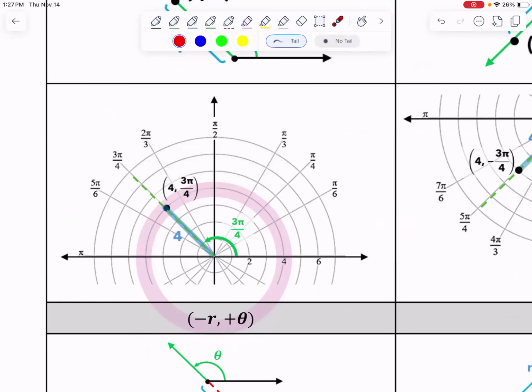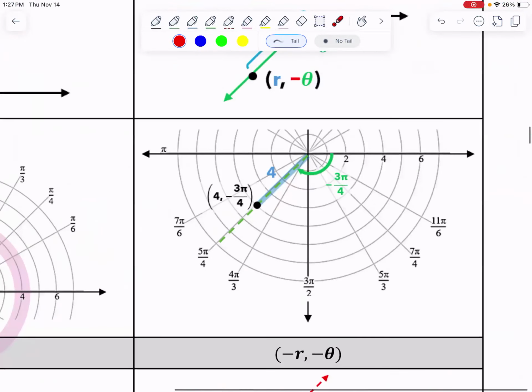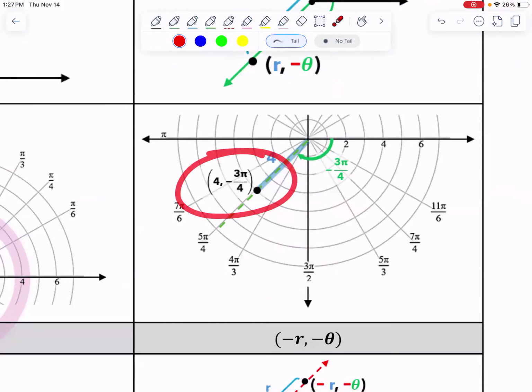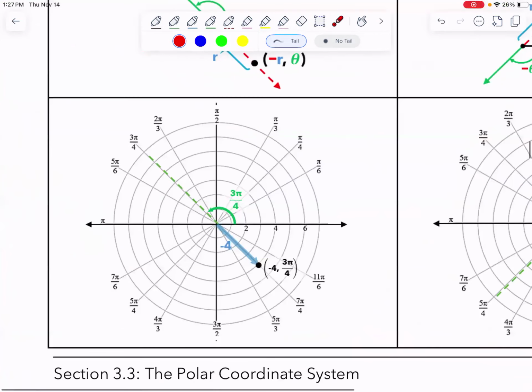But you can see here, this is the 4 right here. Over here, this is 4 comma negative 3 pi over 4. So negative 3 pi over 4 moves backwards on the x-axis. And then because our radius was positive, we go 4 units towards that terminal side.